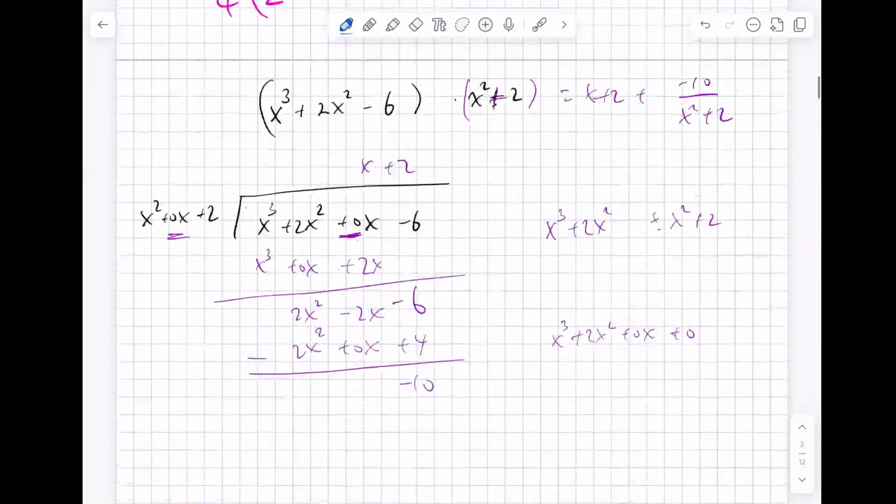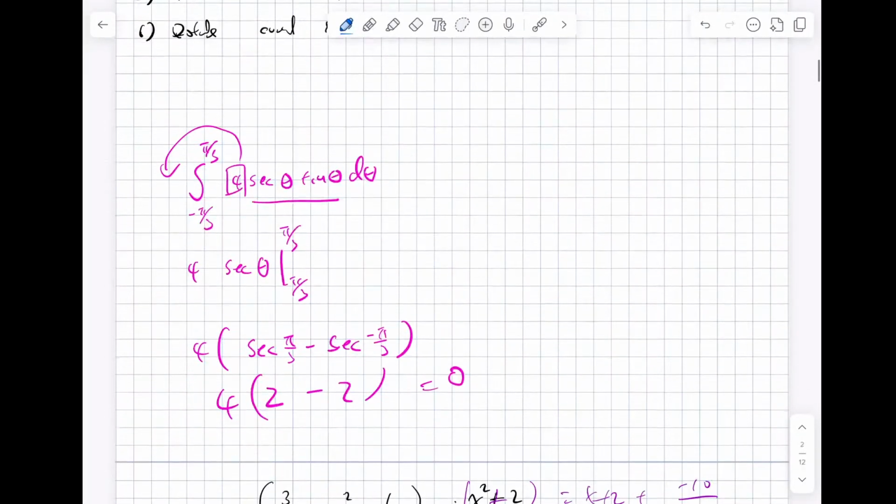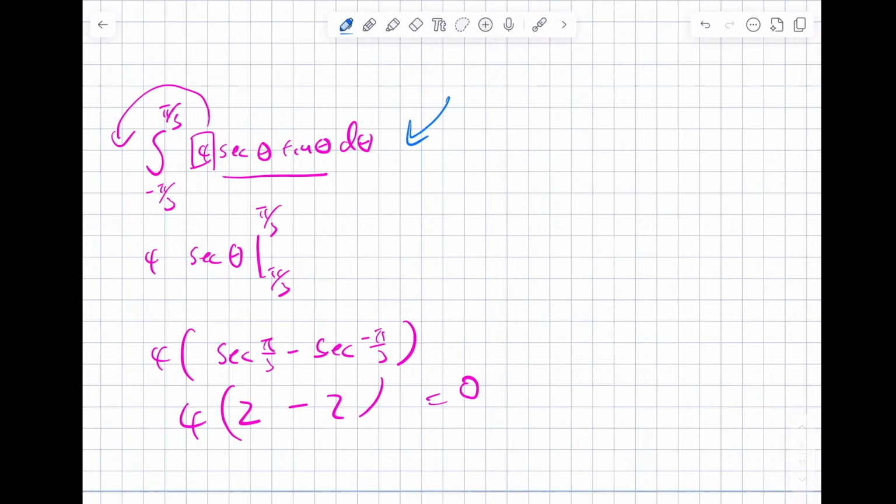Some people say they have a question about this one. They say integration of secant tangent theta. The integration of secant tangent theta is going to be secant theta, and you plug in pi over 3 and negative pi over 3, and you get an answer of 0. But here's not a problem. It's a problem when you plug in the decimals.